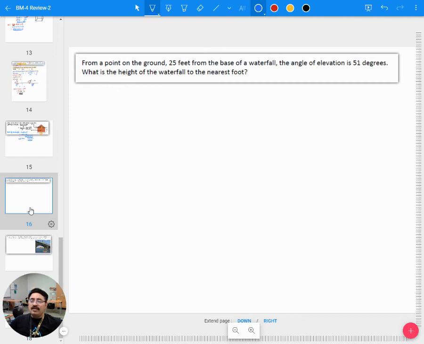From a point on the ground 25 feet from the base of a waterfall, the angle of elevation is 51 degrees. So there is a waterfall.